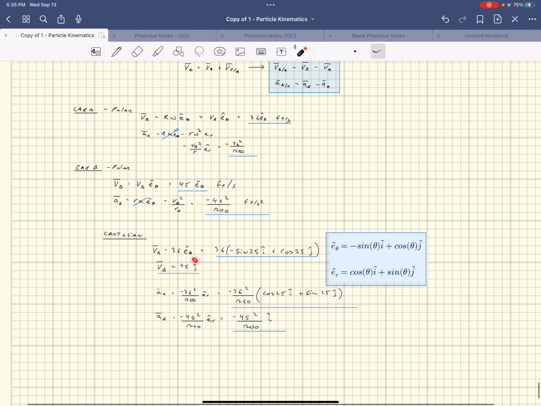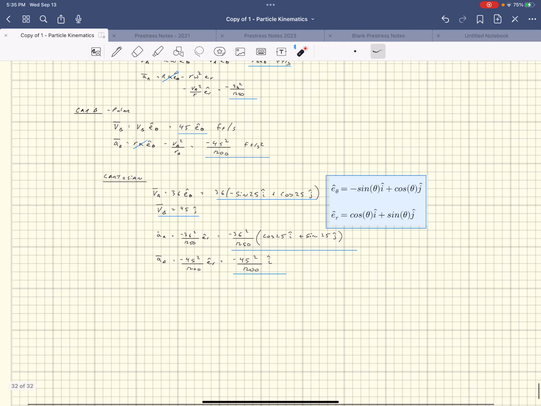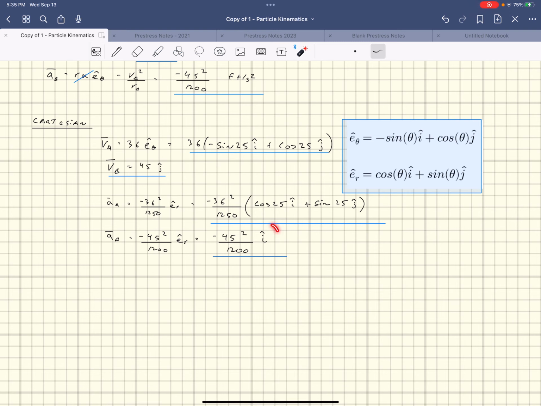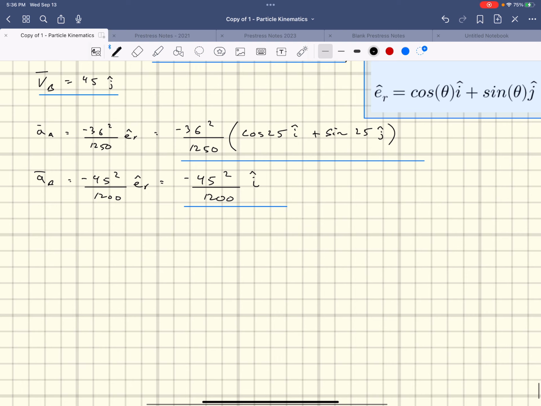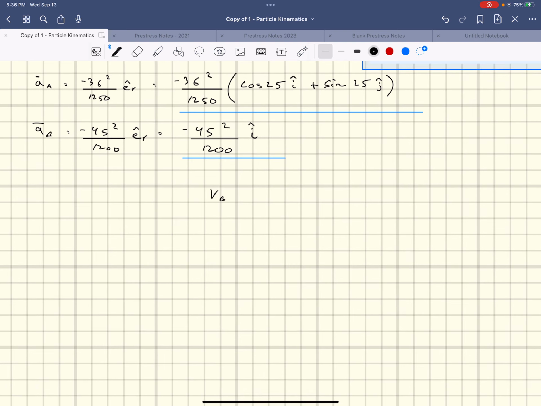Everything is in the same coordinate system, with the I's and J's lining up. Same thing with acceleration: the acceleration of B as seen from A is going to be acceleration of B minus acceleration of A.